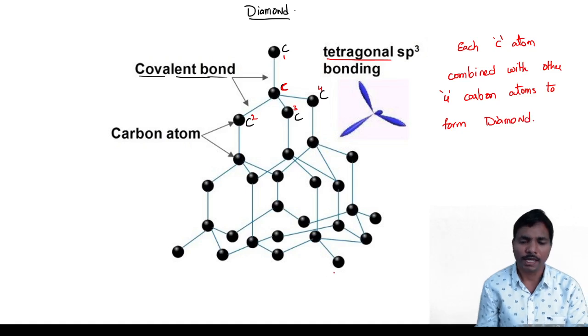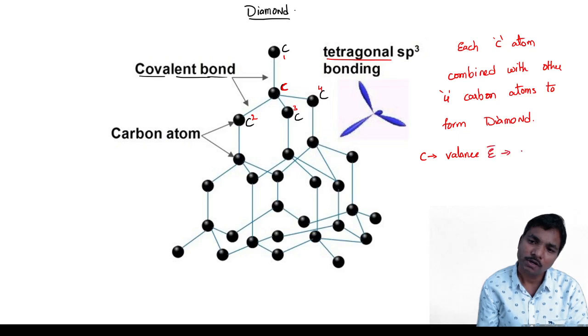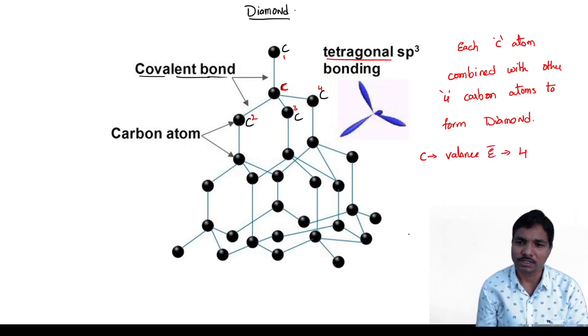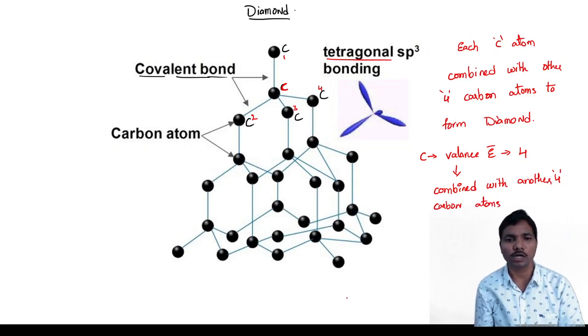We know very well carbon has how many valence electrons? 4 valence electrons. These 4 valence electrons are combined with another 4 carbon atoms.